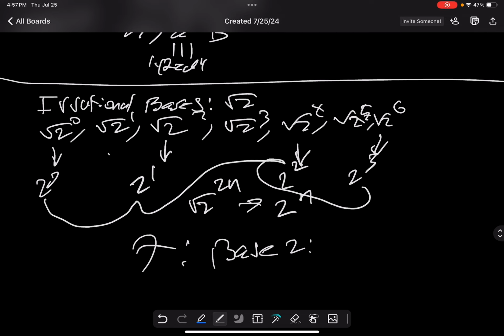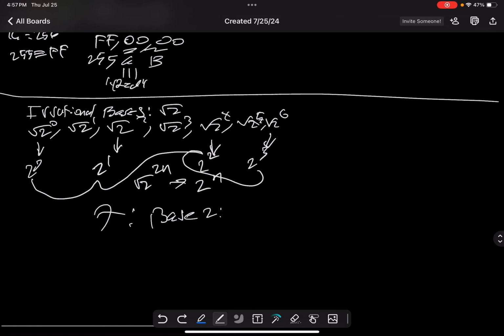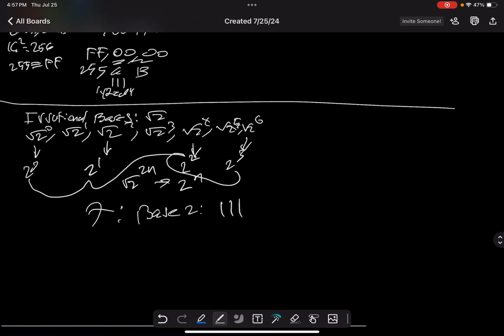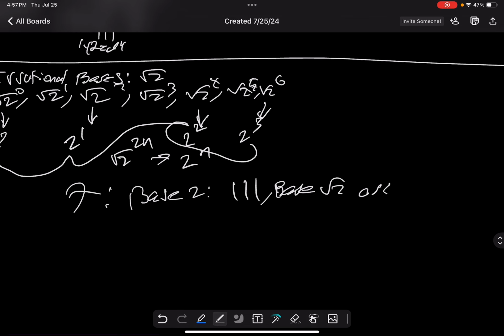And because these ones represent irrational powers, you can't have an irrational power represent a real number. So actually, for base 7, you would compute what base 7 and base 2 is, and that would be 1, 1, 1. So what you could do is represent that in base square root of 2 as 1, 0, 1, 0, 1.